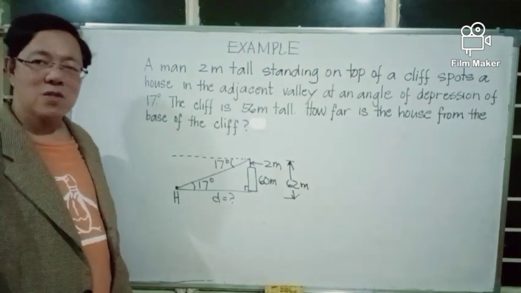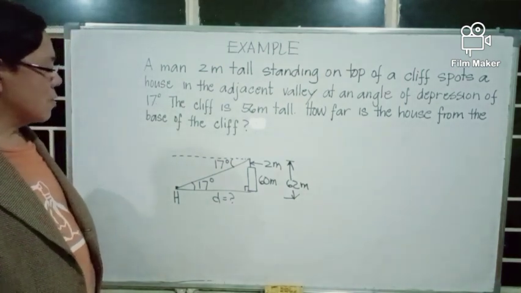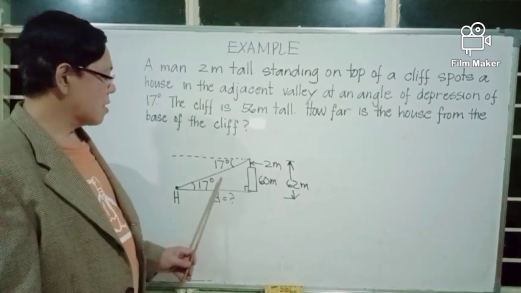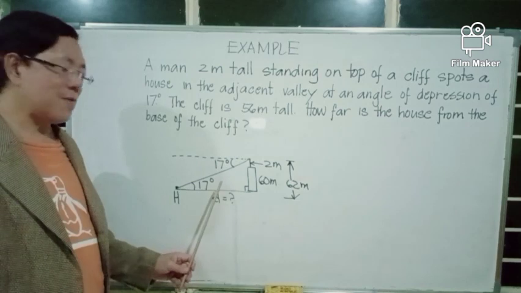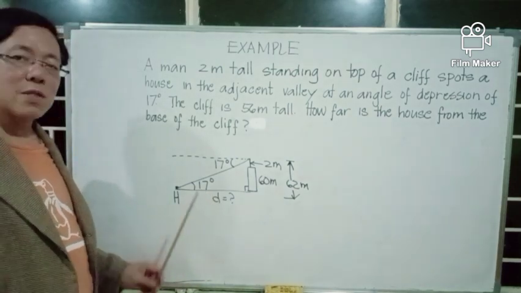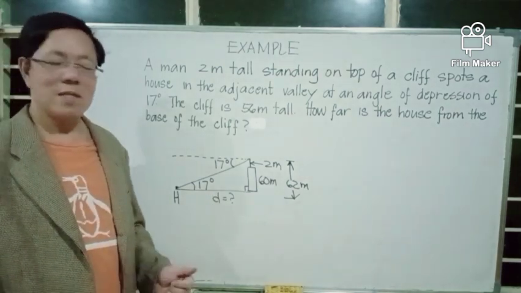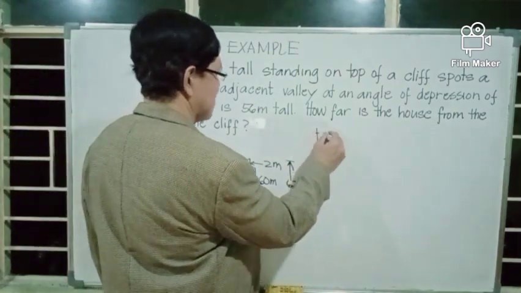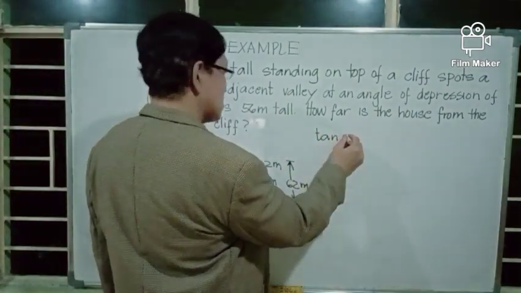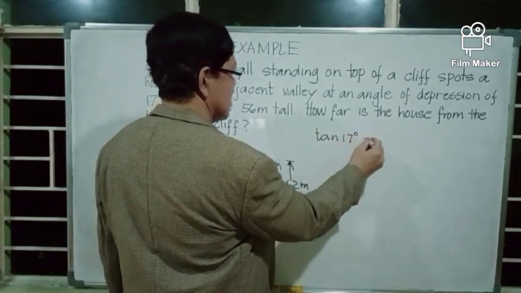Hence, based on this information, we have to use the tangent of 17 degrees, because the trigonometric function tangent includes the side opposite the given acute angle 17 degrees and the side adjacent to it.